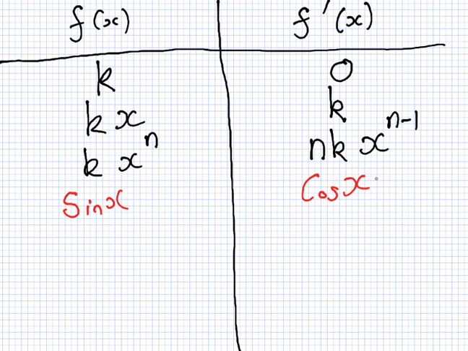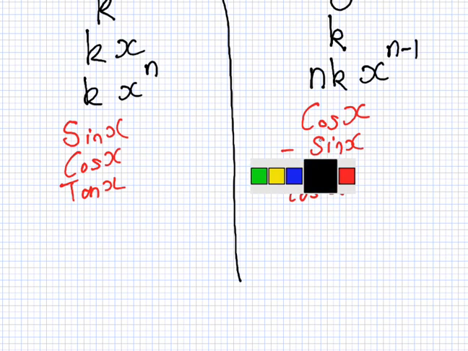The proof you can't do because you don't have enough trigonometry yet, but you will in semester 2. So don't worry about the proof, okay? And likewise, if you had cos x, its derivative is minus sin x. If you had tan x, its derivative is 1 over cos squared x. Okay, so that's the trigonometry ones.